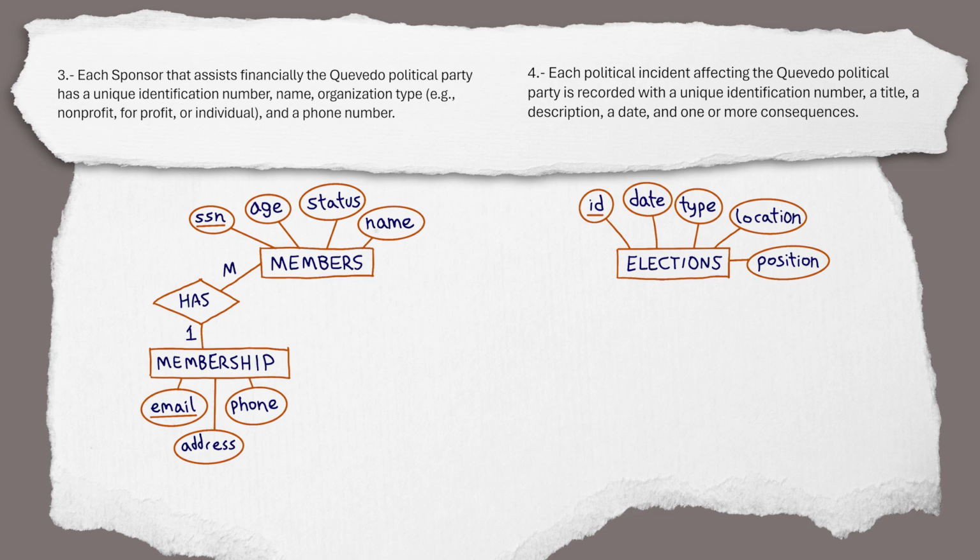We will have a date and 1 or more consequences. The 1 or more consequences for the attribute is describing that this will have multi-values, so it will be possible to have more. So that will be a type of attribute that we have not implemented yet in my diagram.